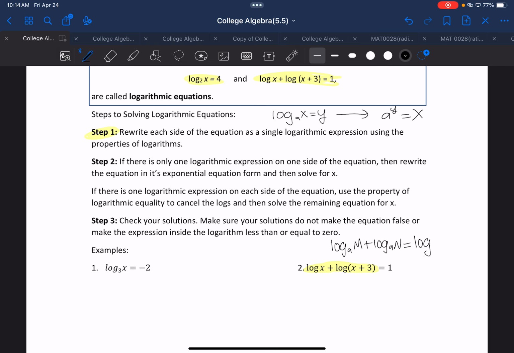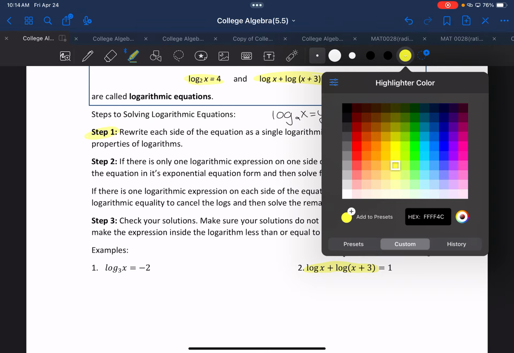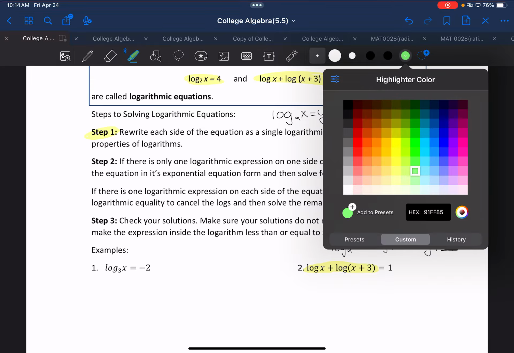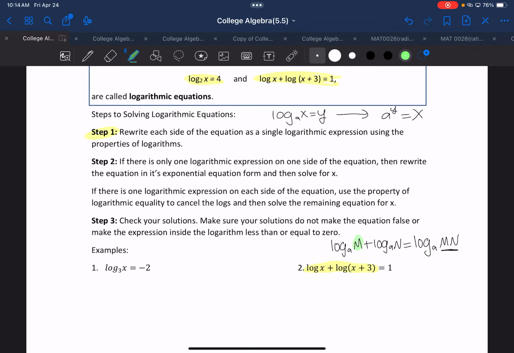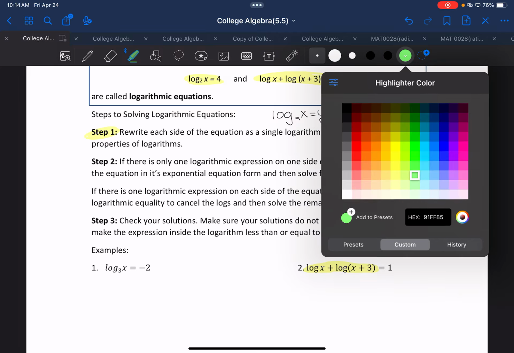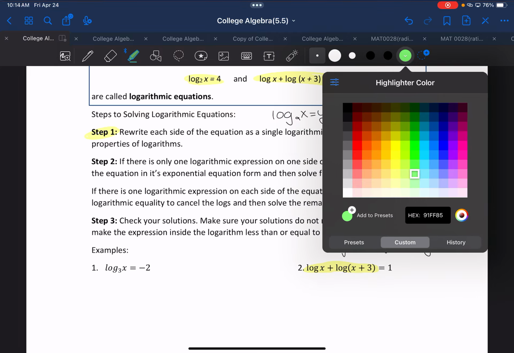The product rule. Remember this? So if they're being added, then I can combine them into one where the expressions inside the two logs are now being multiplied. So that's how we're going to do step one if we need to.